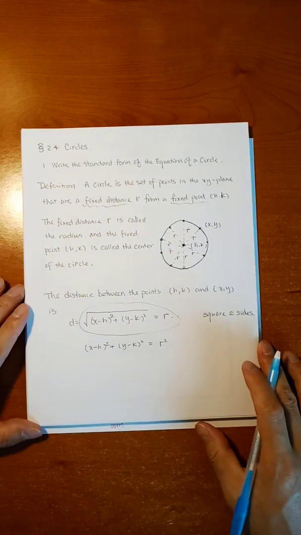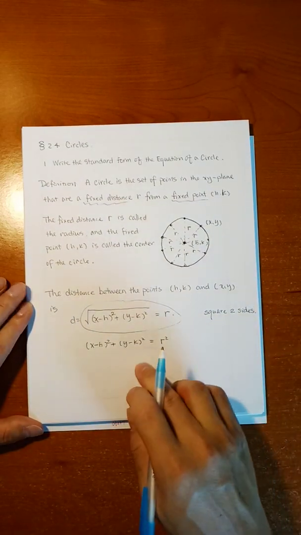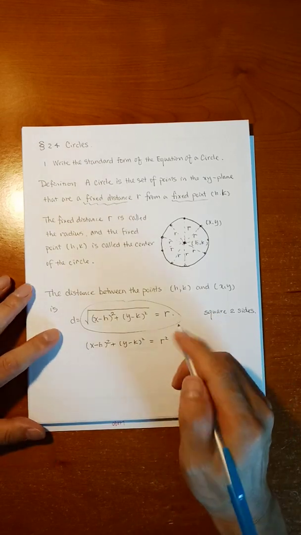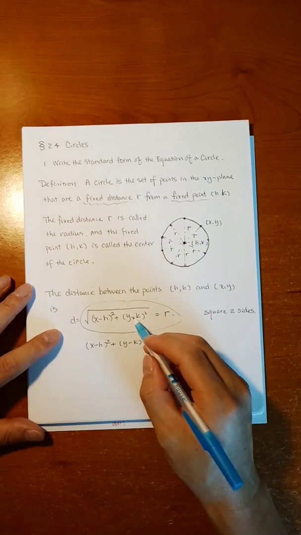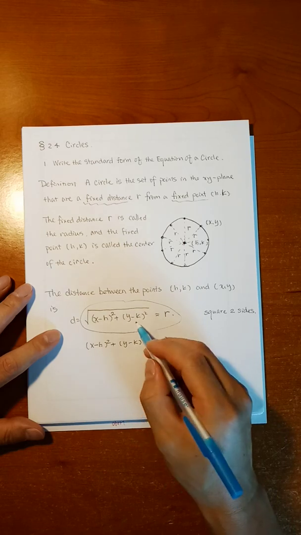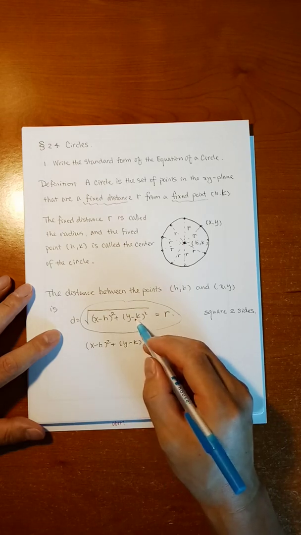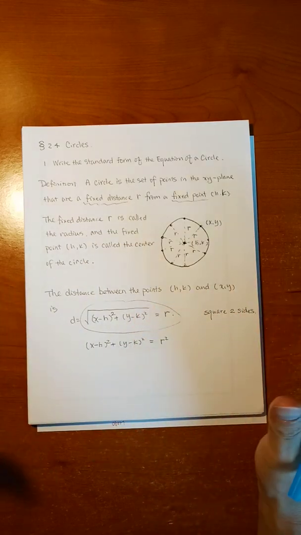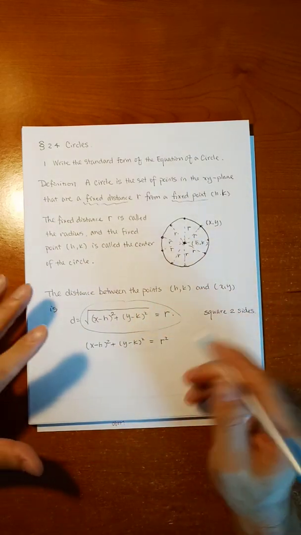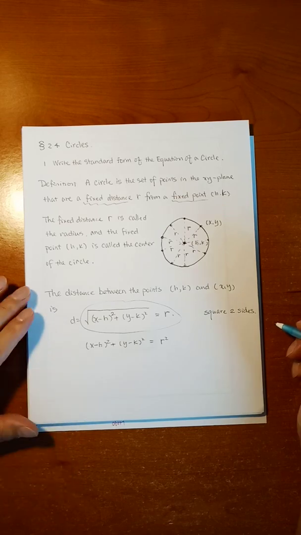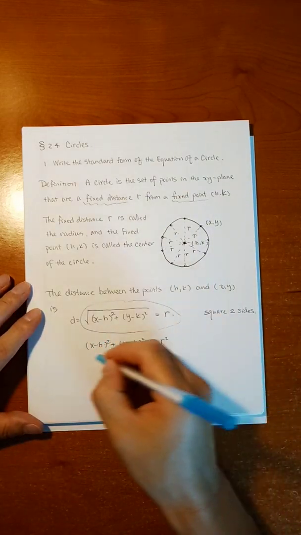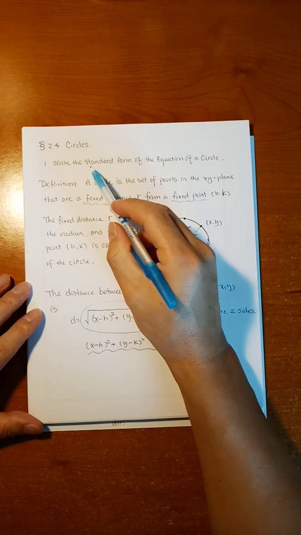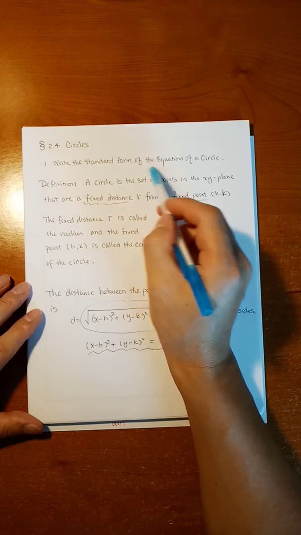This equation is equivalent to the original one, you can go back. But this one is better because it has no square root. It's all just squares, which we can compute by hand. So we will consider this as the so-called standard form of the equation of the circle.